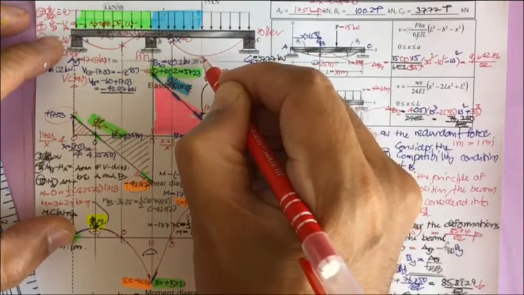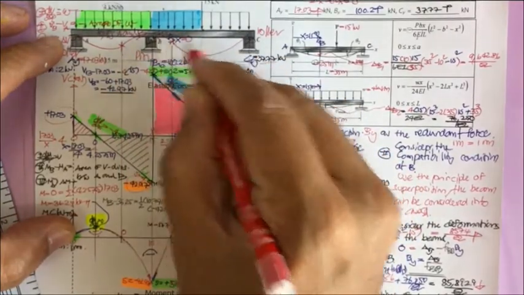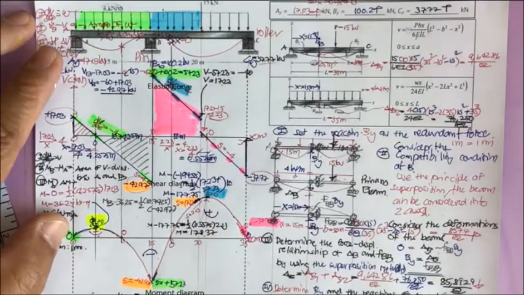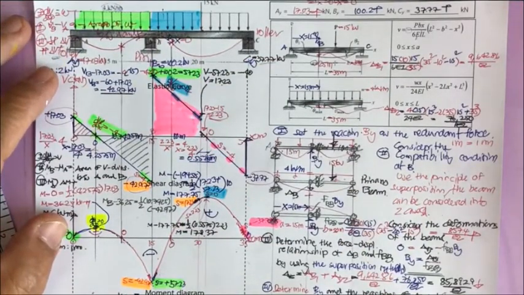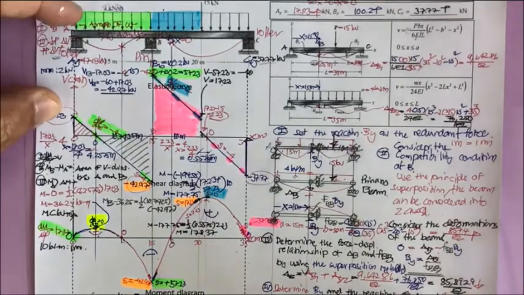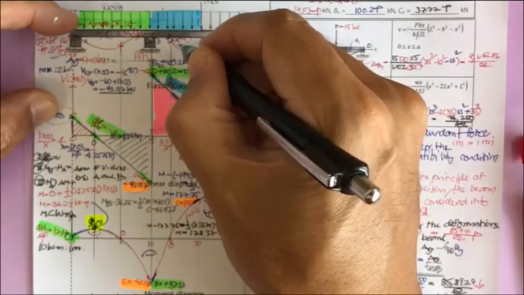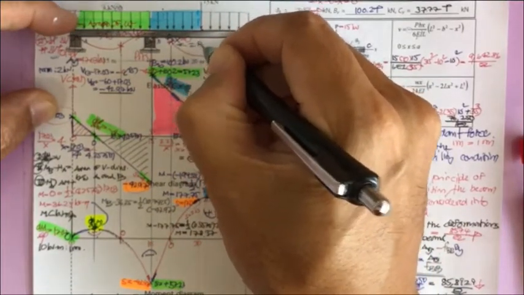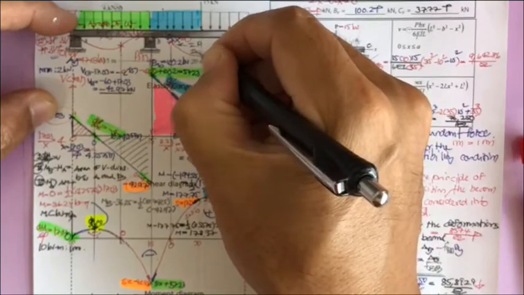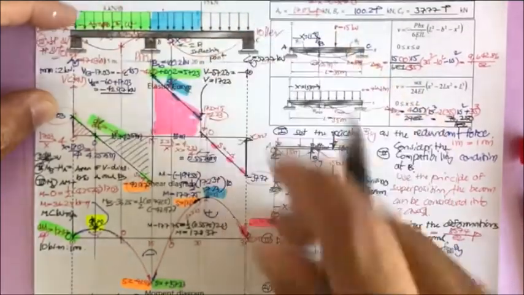And I believe this one is supposed to be larger than this one because the force here is larger and the span here also larger. So that's supposed to be the elastic curve of this beam. And you have this one as the also called the IP or inflection point.